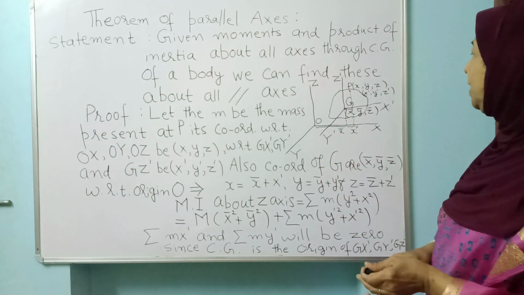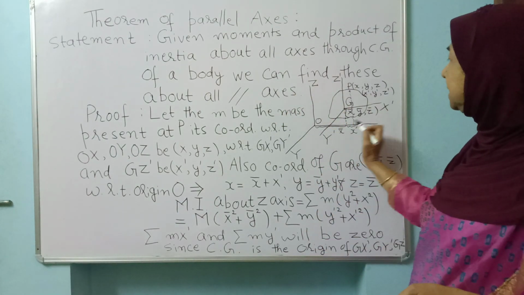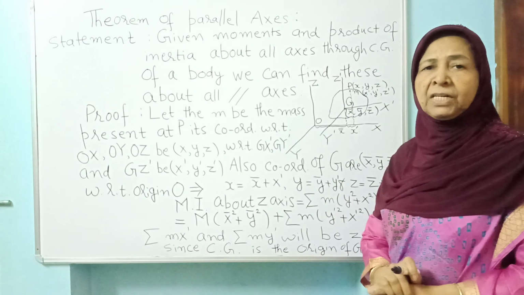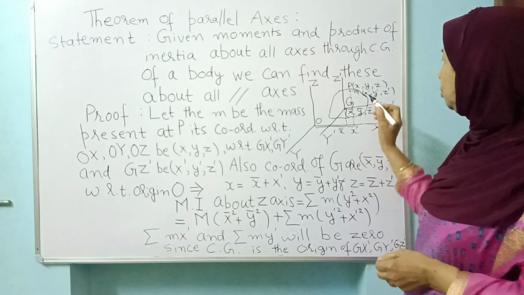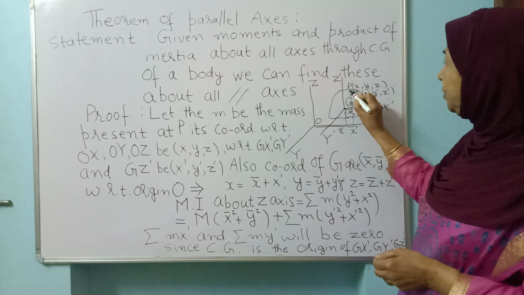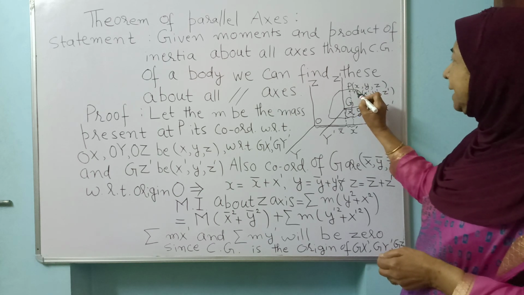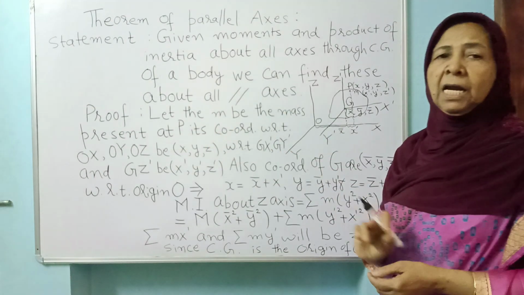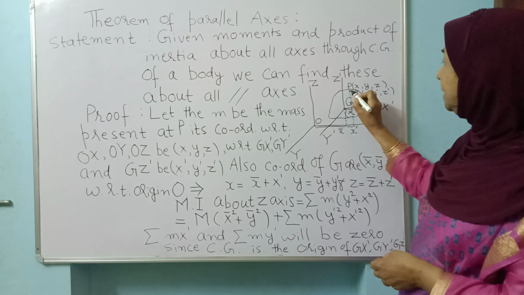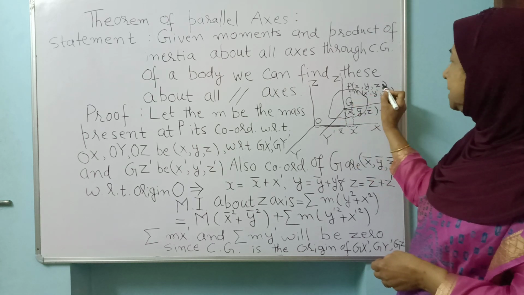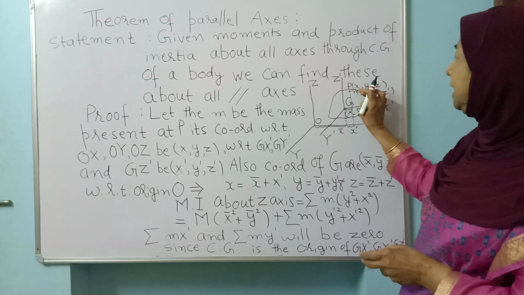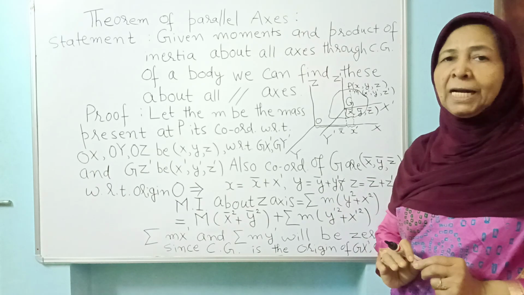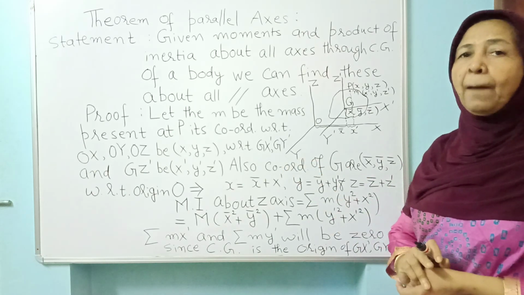So for that we have to consider the rigid body like this and consider an elementary mass. Whenever we want to find the moment of inertia, we consider an elementary mass. So let us assume that the elementary mass is present at P, that is small m. Now this point P has coordinates small x, y, z. You know coordinates we write by small letters, whereas axes we write by capital letters.